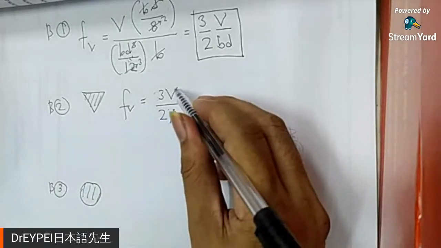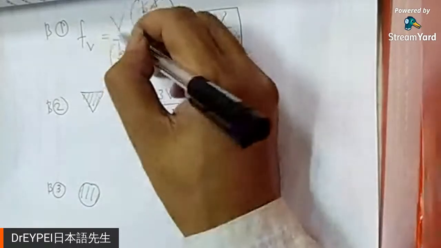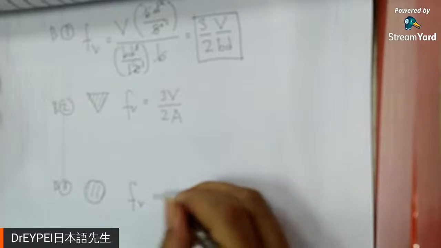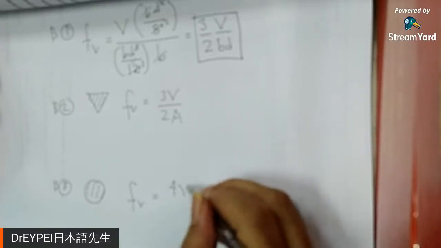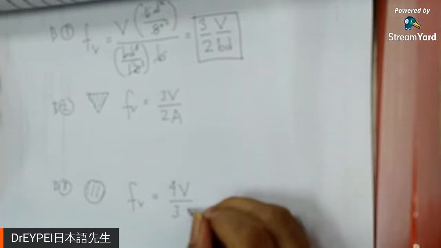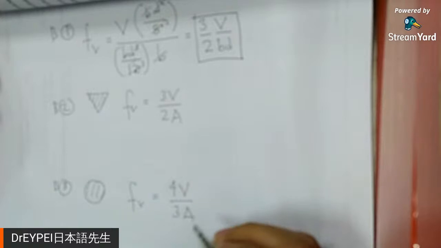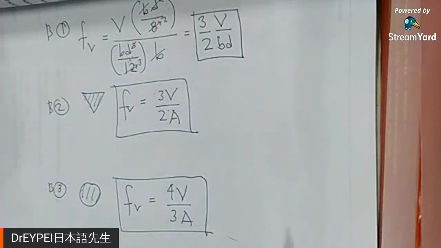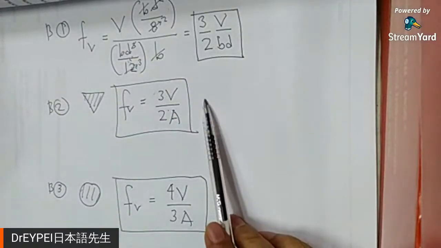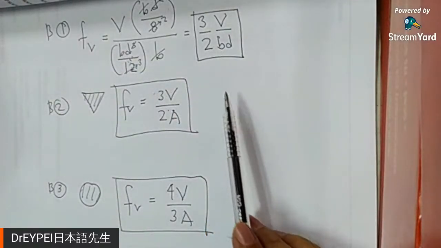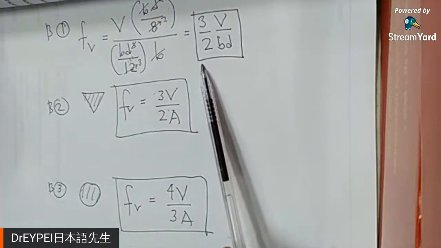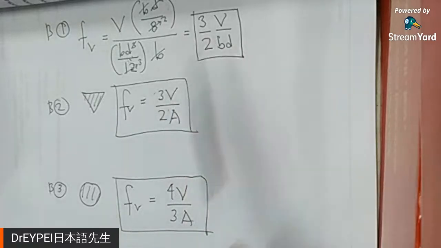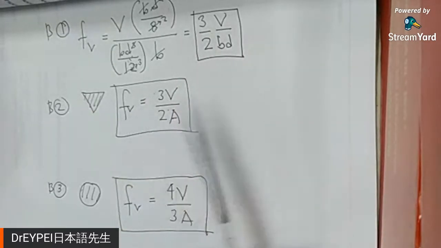This area, this is B. V is the total shear, the amount of shear. For the circle, FV here is 4V over 3A. So those are the main types of consideration when we are talking about shear stress inside the timber. Shear stress, three types: rectangular, triangular, circle.